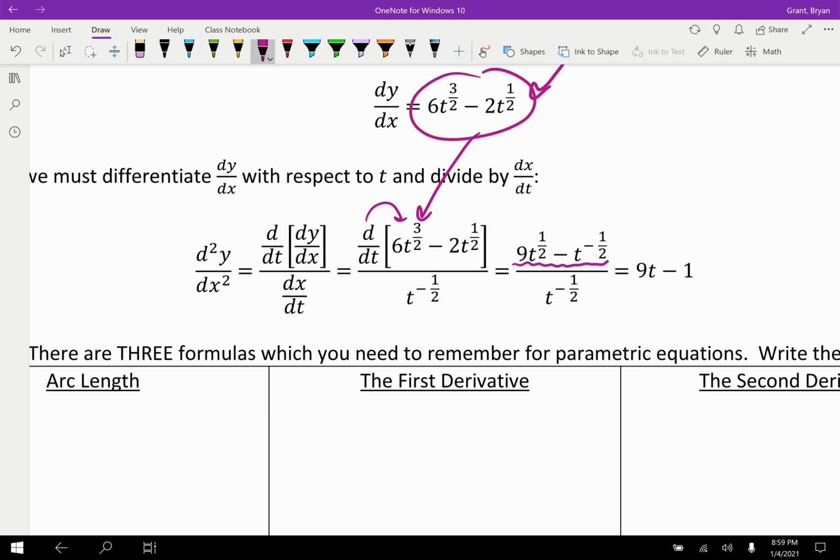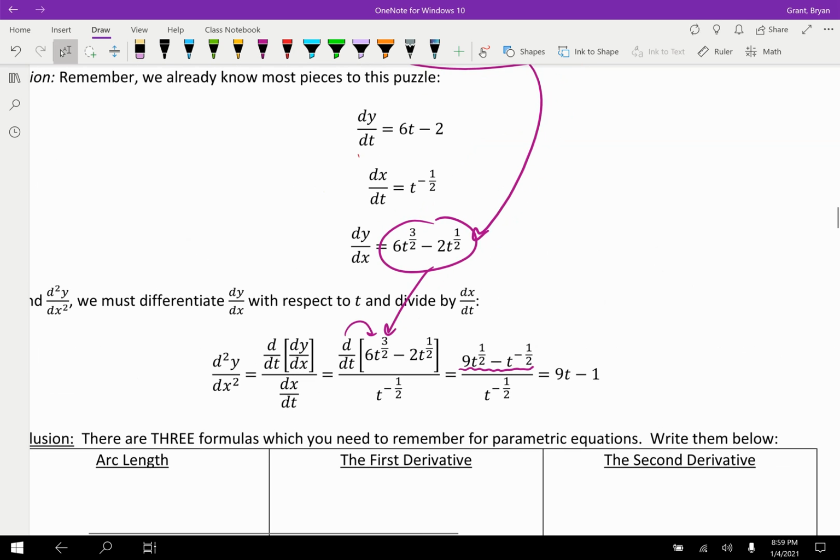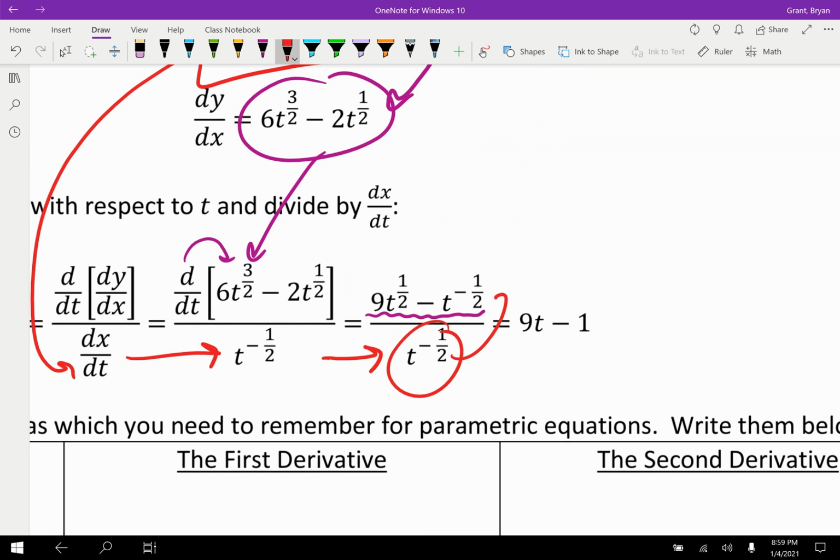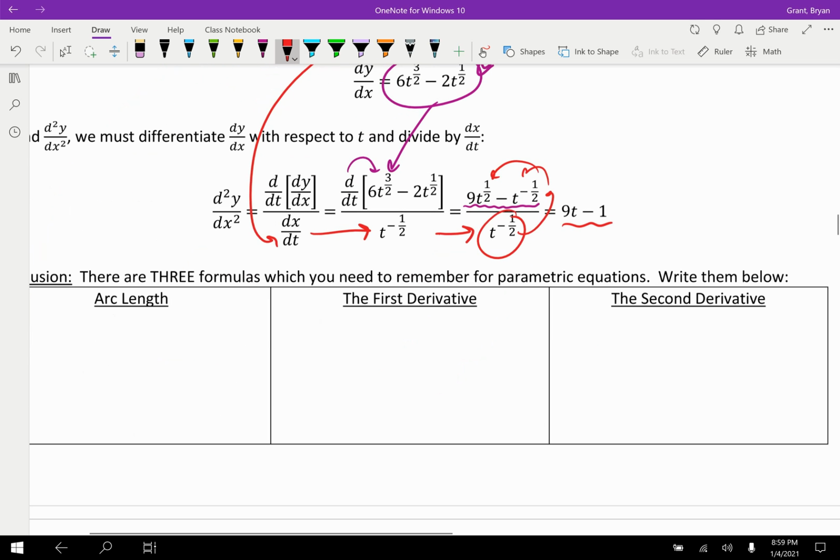Nothing too bad. You can follow the derivation process before. But then we also need to divide by dx dt. You actually had to find dx dt a lot earlier, so there's no extra math you need to do down here. Once you're here, if you'd like, you can perform that same trick, move it up, make the exponent positive, and distribute it inside, and it actually comes out to be a really nice second derivative.